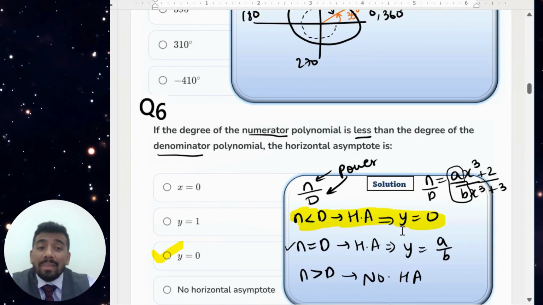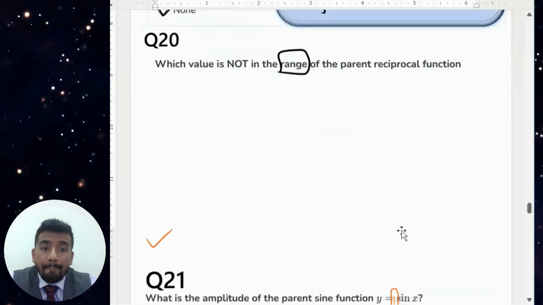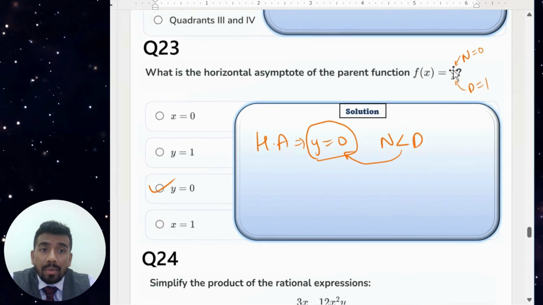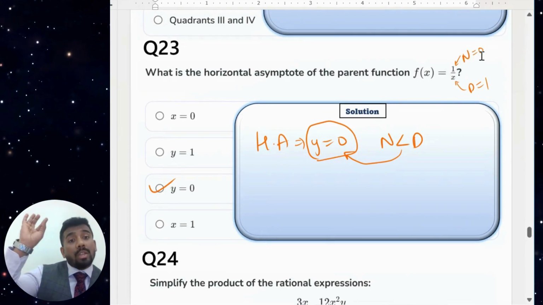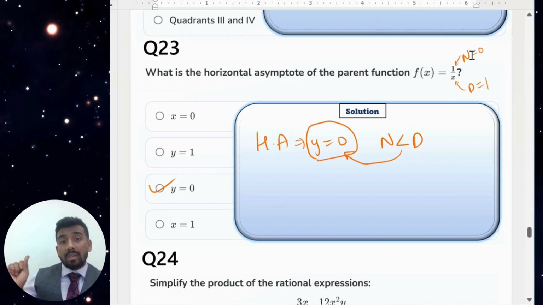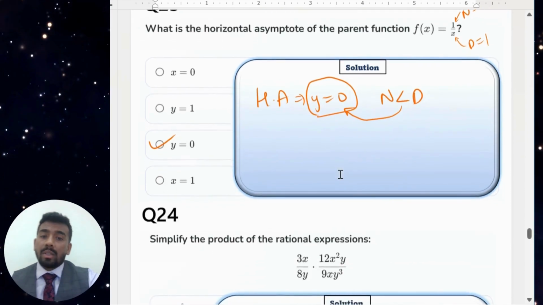So less than means y equals 0. Here it is less than, why? Because up there is 1, no power means 0, and down there is x, which means 1 power. So 0 is less than 1, numerator less than denominator. What is the horizontal asymptote? 0. Okay.